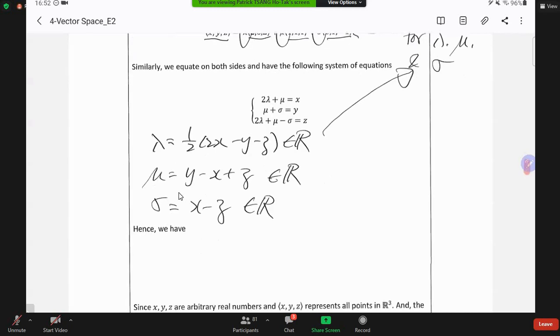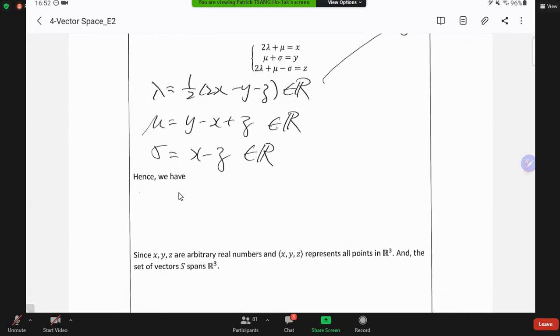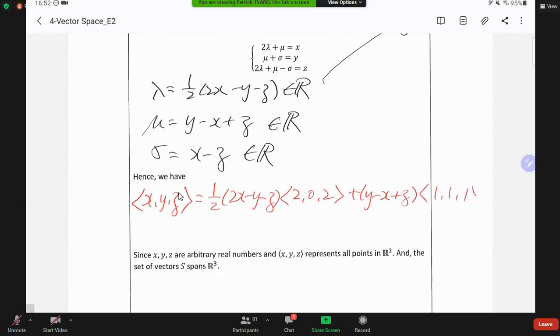So now we basically get it done, and we have x, y, c's equals half times 2x minus y minus c's times the first vector, 2, 0, 2. Secondly, y minus x plus c's times another vector, 1, 1, 1. Last but not least, x minus c's times the last vector, 0, 1, -1.